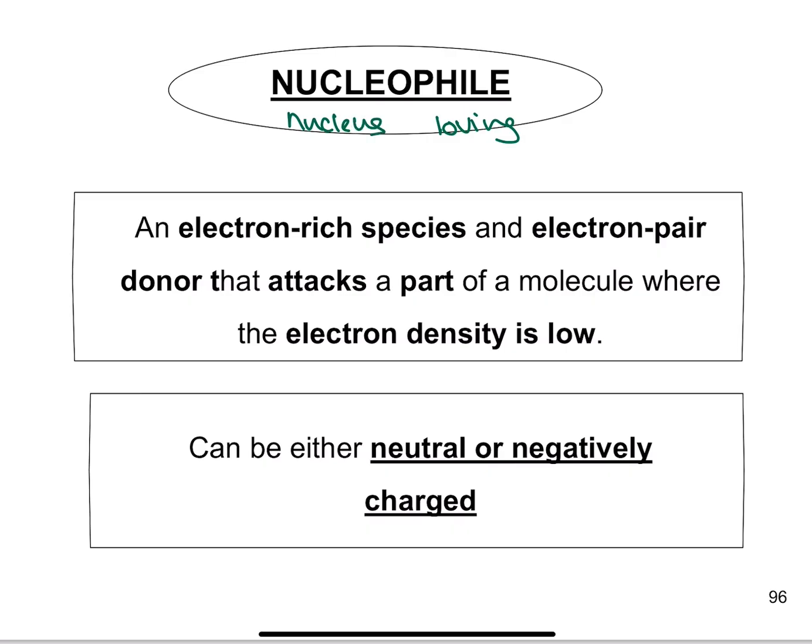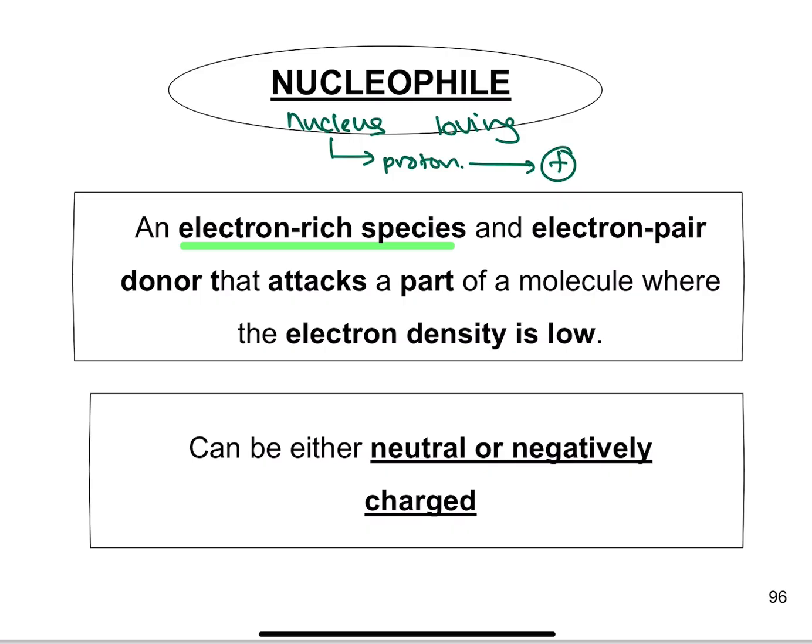So that's nucleus loving. Nucleus loving indirectly means there's proton in the nucleus, right? So it's like proton loving, aka positive loving. Who likes positive? Electron rich species which are lacking in positivity. Likes the nucleus lah, and we call them nucleophiles.